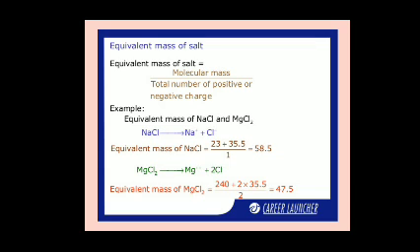Magnesium chloride: Mg plus 2 plus 2Cl minus. Equivalent mass of magnesium chloride: 24 plus 2 into 35.5 by 2, that is 95 by 2, 47.5.